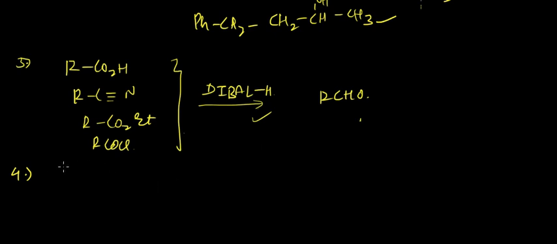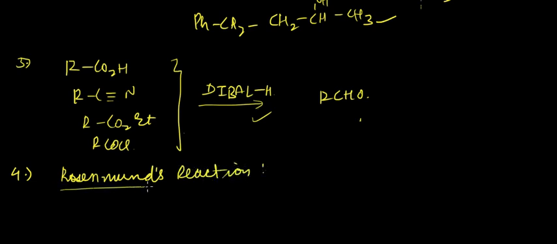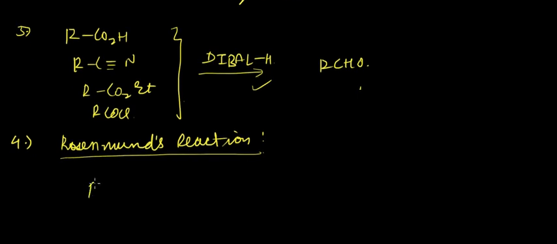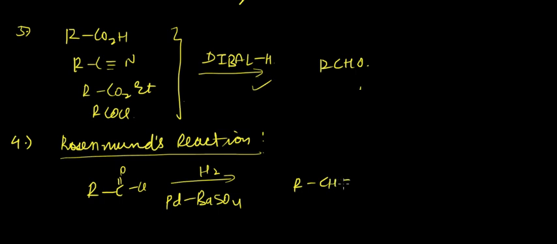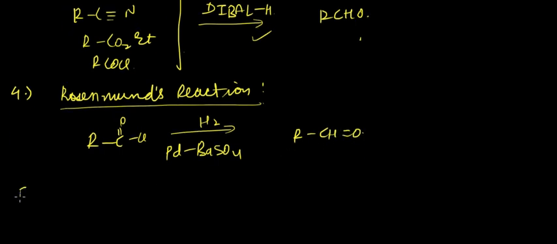Okay, next we'll be seeing Rosenmund's reaction. So Rosenmund's reaction is nothing but if we have something like an acid halide, and we pass H2 over Pd-BaSO4, it will be converting into RCHO. Again, we have seen it in the preparation of aldehydes.